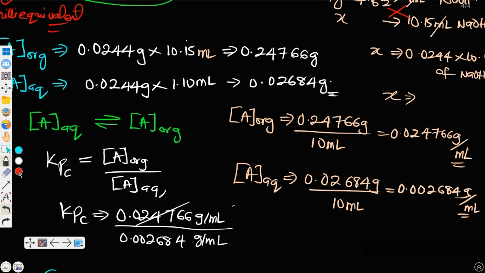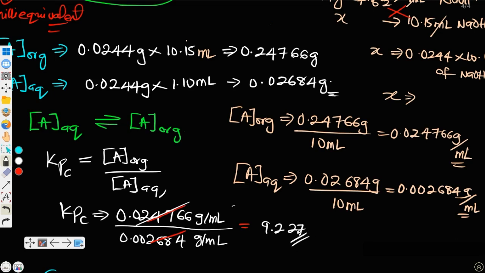If you cancel what you have here, this is going to give us the correct answer, which is 0.024766 divided by 0.002684, which will give us 9.227. There's no unit for KPC.